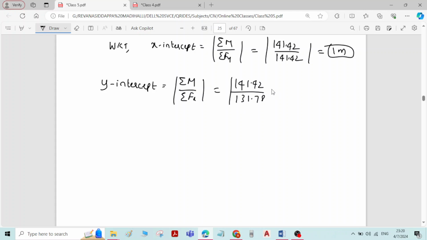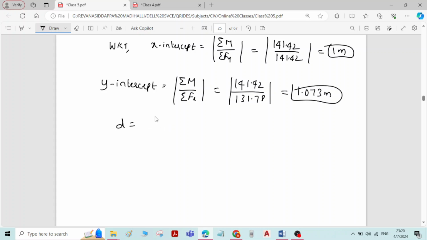So the answer is 1.073 meter. And D means the perpendicular distance of point A from the line of action of the resultant force.